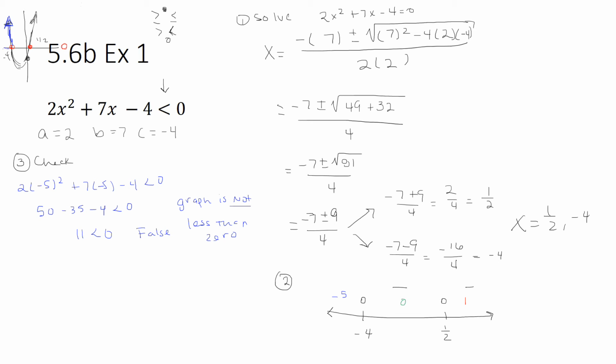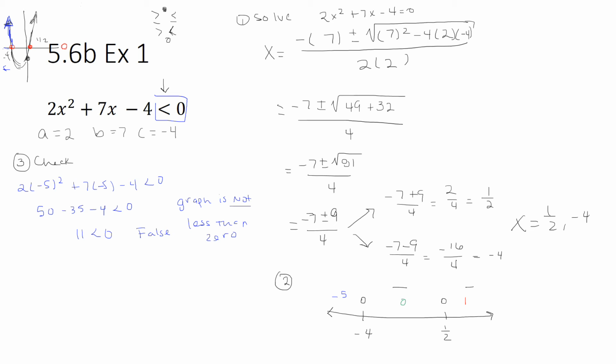We're talking about the values of x. So as we move to the left this way, our graph is actually above the x-axis, so it's greater than 0. So you can just look at this and see, okay, to the left, our graph is not below 0, because that's what we're asking for. Okay, it's above 0, so the left-hand side is no bueno.